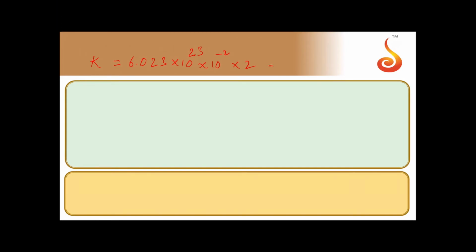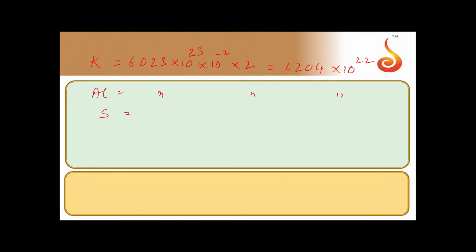The number of potassium atoms is equal to 1.204 into 10 to the power of 22. Next, aluminum atoms. Aluminum atoms are also the same in number because Al2 is there, so it remains the same for us, no change in that.